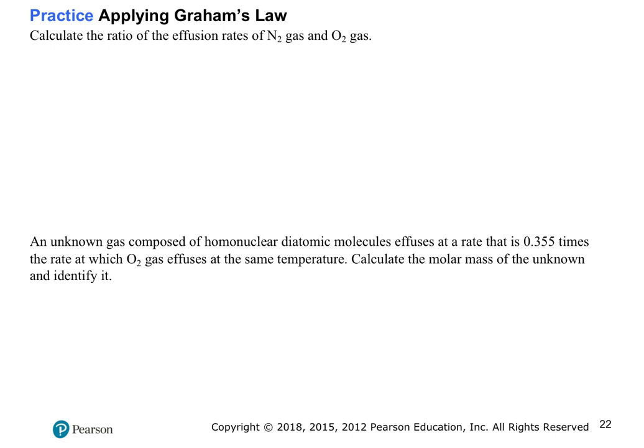So in this practice problem, it wants us to find the ratio of the effusion rates of nitrogen gas and oxygen gas. So the number you get is going to be dependent on how you write the equation. So if I write R of nitrogen over R of oxygen, then my number is going to be different than if I write the ratio for rate of oxygen over the rate of nitrogen.